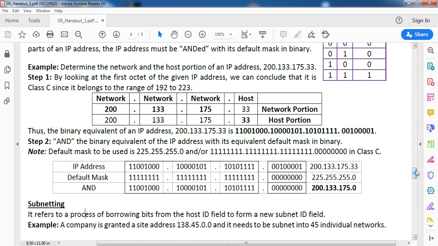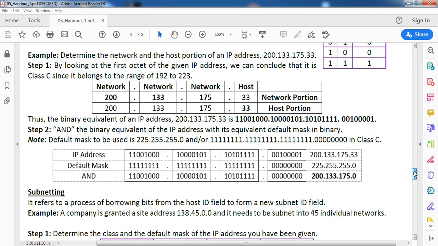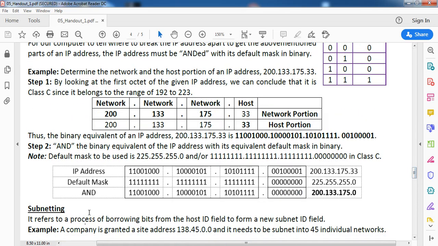So let's have a walkthrough using an example. Let's say a company is granted a site address of 138.45.0.0 and the company needs 45 individual networks or subnetworks. Again, normally without subnetting, we can only create a single network with this IP address.